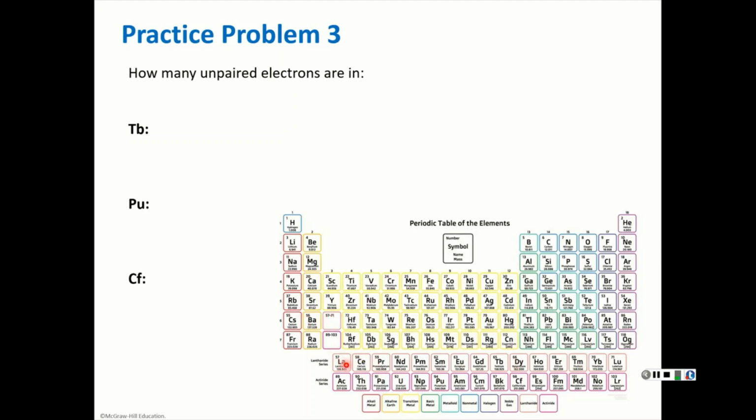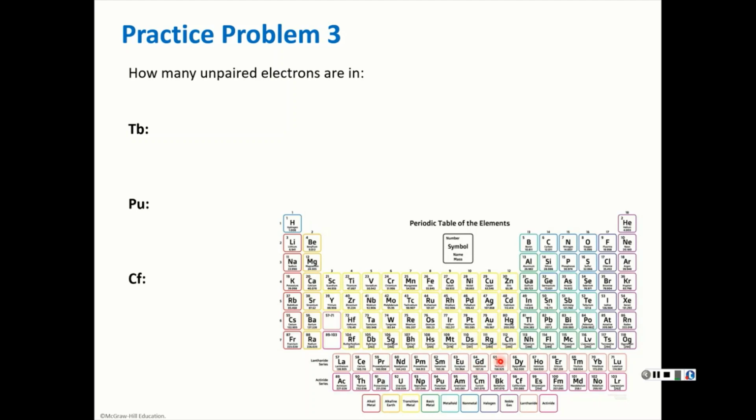I included this one because these are all together. So for Tb, it's a lanthanide, so the preceding noble gas will be xenon. Then we count over 6s1, 6s2, and then we have the 4f: 1, 2, 3, 4, 5, 6, 7, 8, 9.